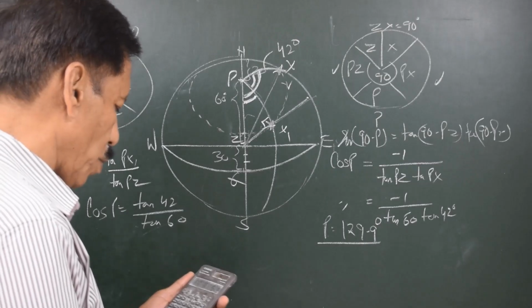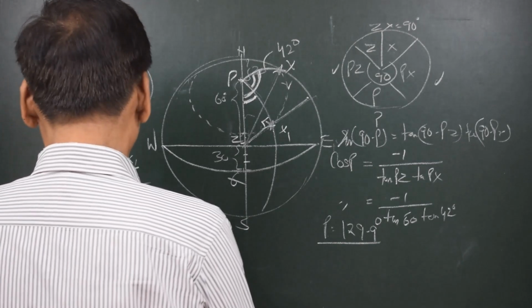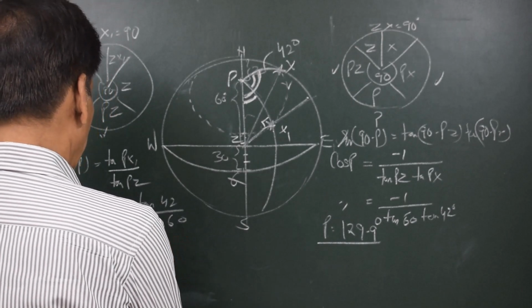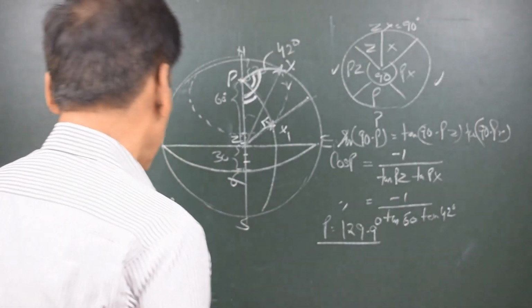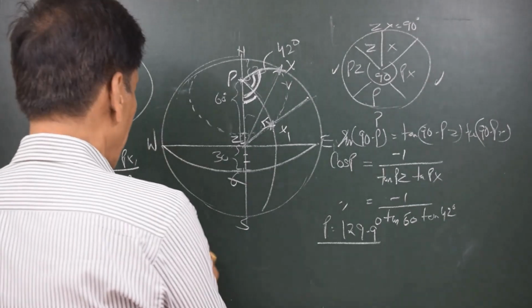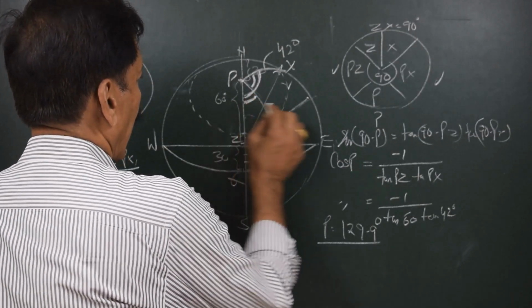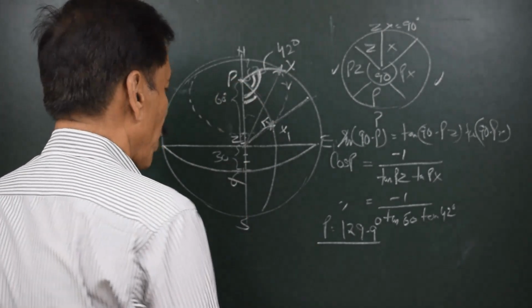Gives me 58.68 degrees, or 58.7 degrees we can say. So angle P is equal to 58.7 degrees. So 58.7 degrees is this angle, and the larger angle is 129.9.